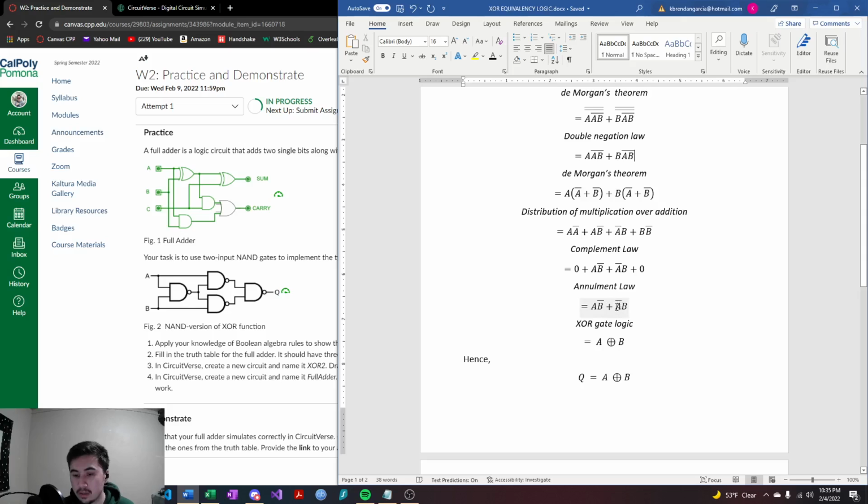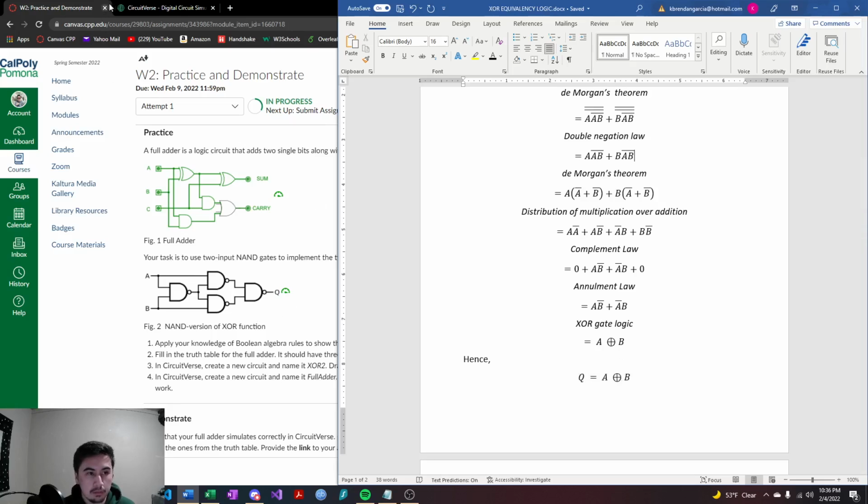Or 0 ANDed with 0, I believe. And then we're going to essentially have output of 1. So we can see that these two are logically equivalent. Hence, Q is actually A XOR B.